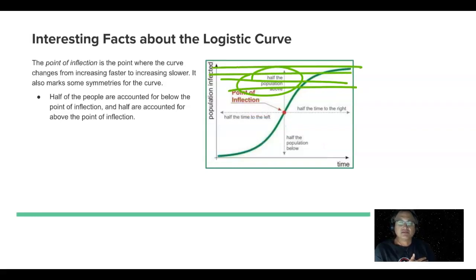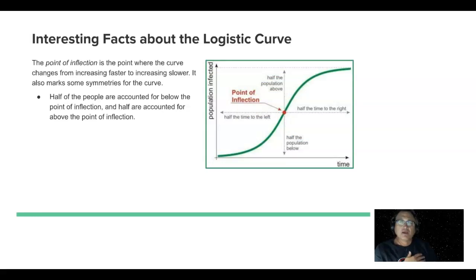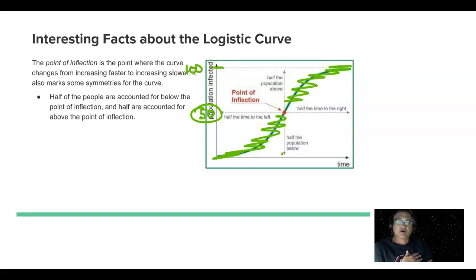So what that means is, if up to this point 50 people were infected, then when it reaches this point, that's going to be approximately 100 people, because half of them are below, and the other half is going to be above.